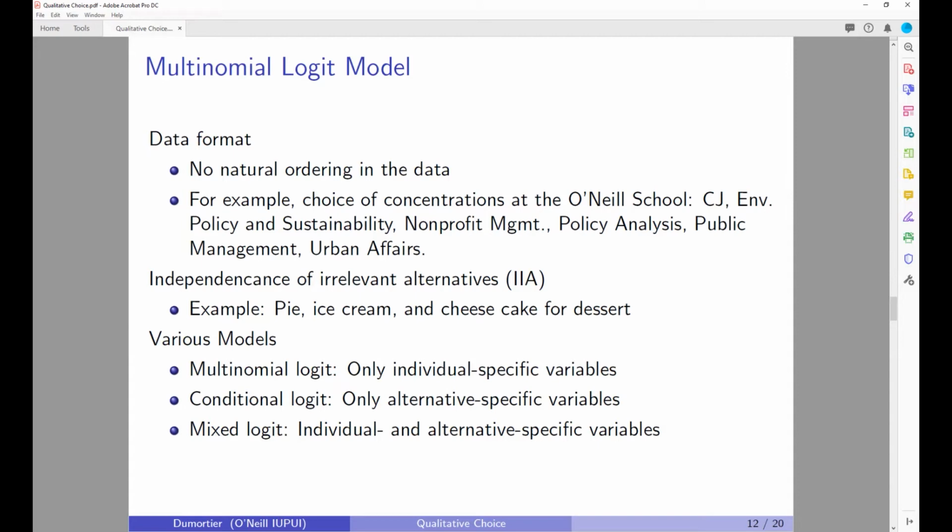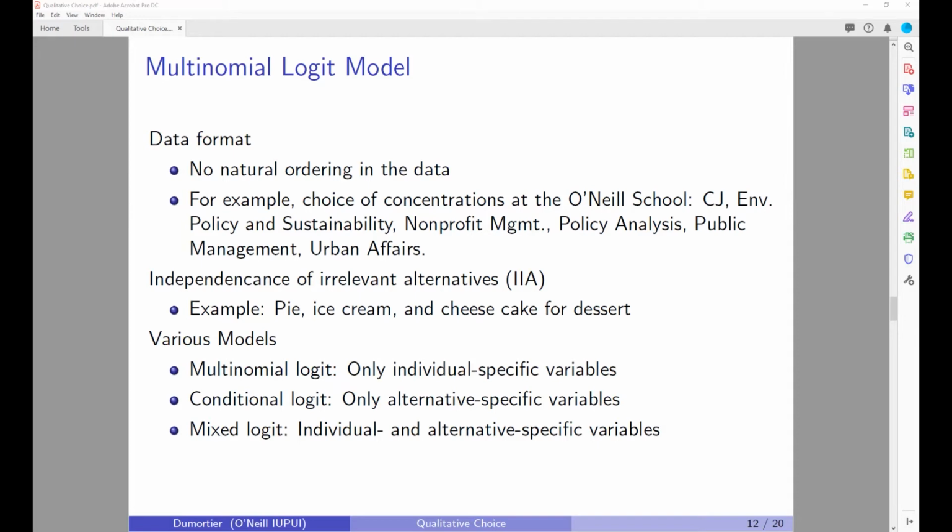Now, there are variables that are specific to the choice. So for example, the purchase price of the car, the fuel efficiency of the car, the maintenance cost of the car.